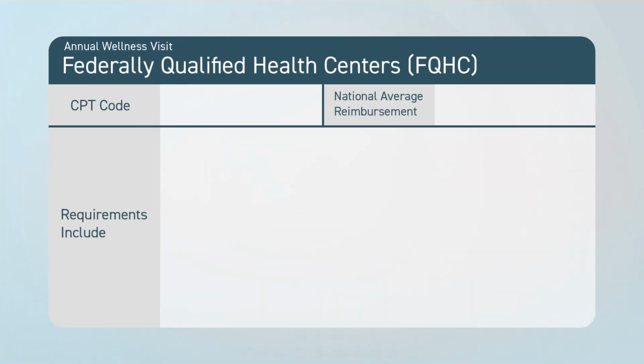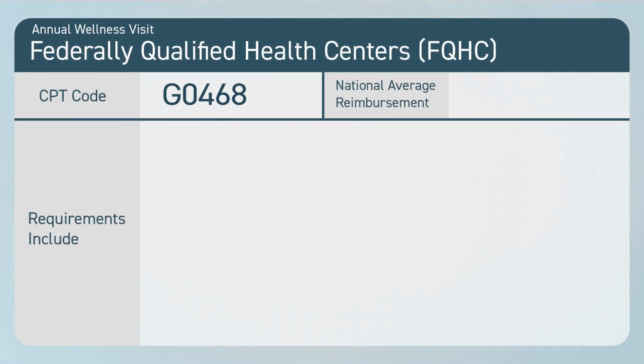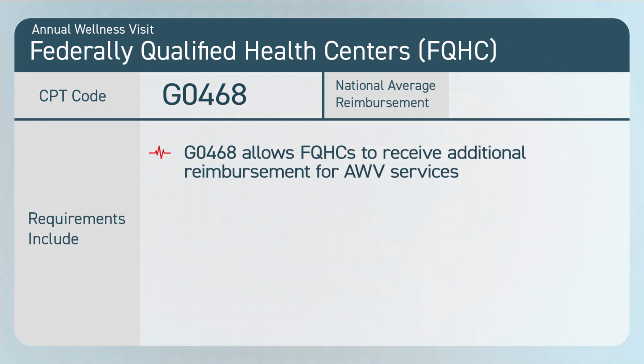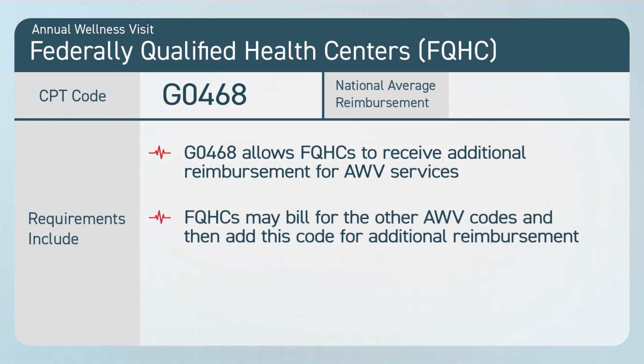And finally, the last AWV CPT code is a special add-on code reserved for federally qualified health centers only. G0468 allows FQHCs to receive additional reimbursement on top of the payouts for AWVs. This leads to much higher average reimbursements for FQHCs when they provide AWV services.